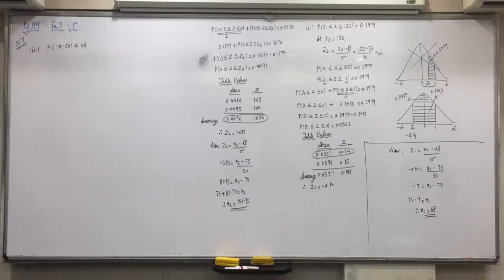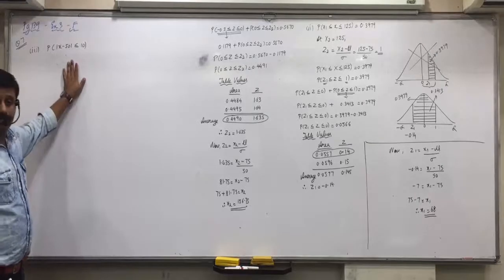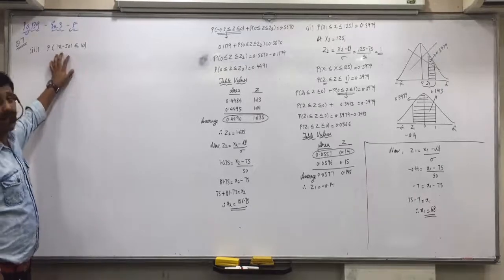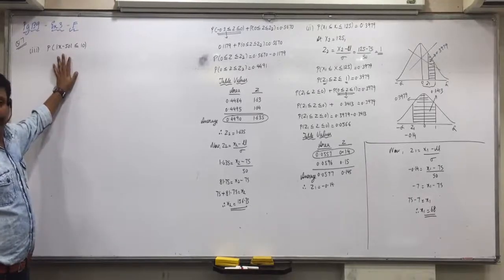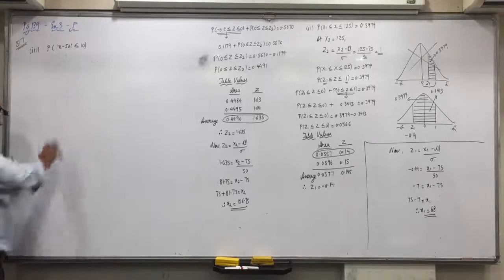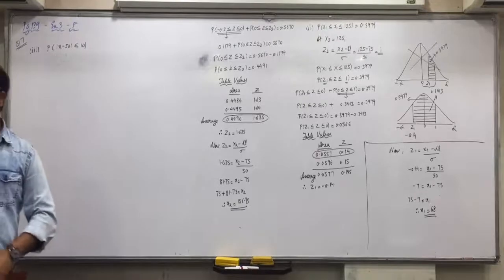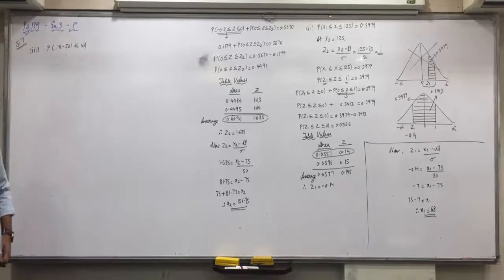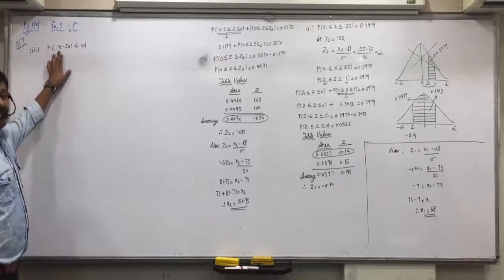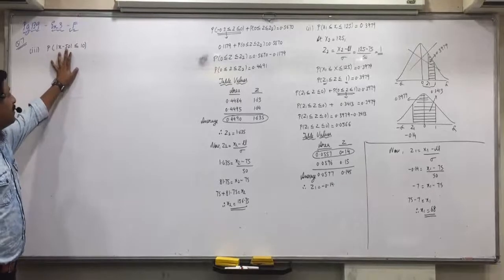Now listen everyone. Modulus means it includes positive only. So if I remove the modulus, then can I say values can come between minus 10 and plus 10? Suppose x is 55. What is 55 minus 50?